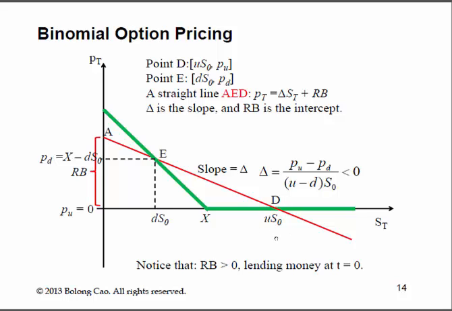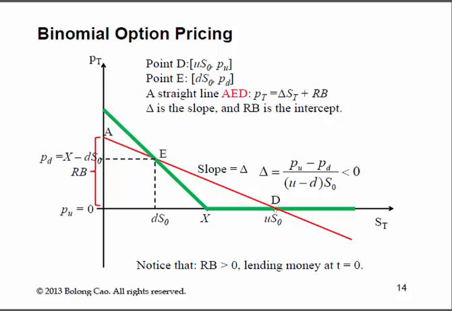This is the upstate underlying expiration price. This is the downstate underlying expiration price. The strike price is right in the middle, and in the down state, you have X minus the down state expiration price. In the up state, the payoff to the put is 0.